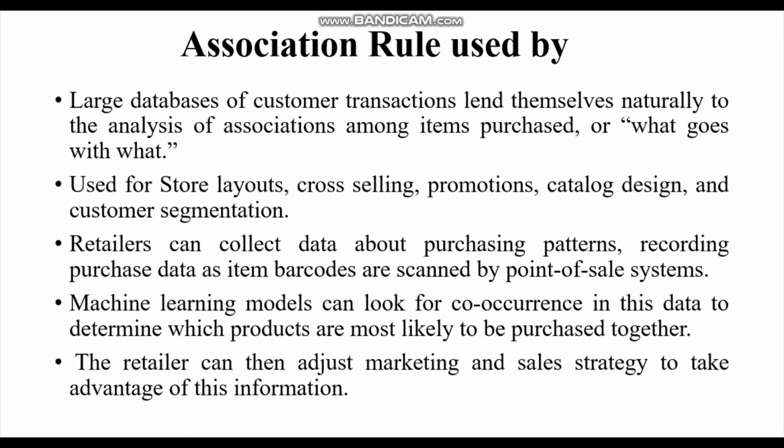In simple terms, association rules help to lay out products, so you can arrange connecting products next to each other. For cross-selling, you might have observed on online retailers like Amazon and Flipkart that at the bottom of each purchase, when you purchase something, it shows 'those who bought this also purchased this'.